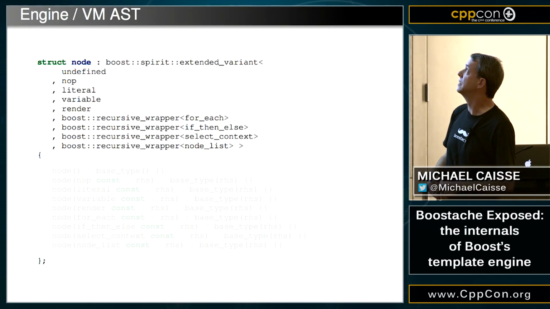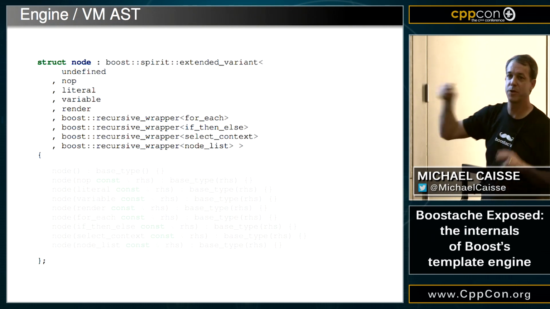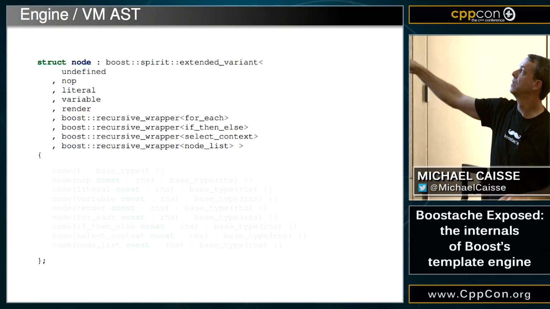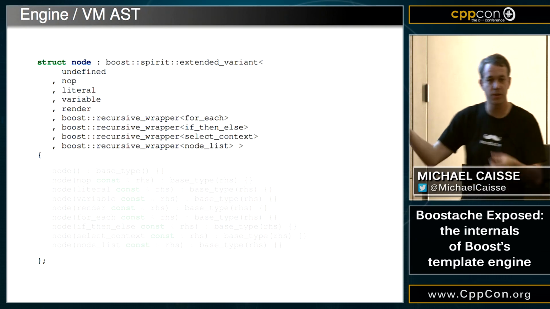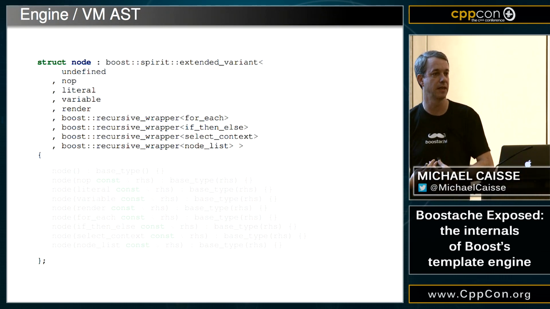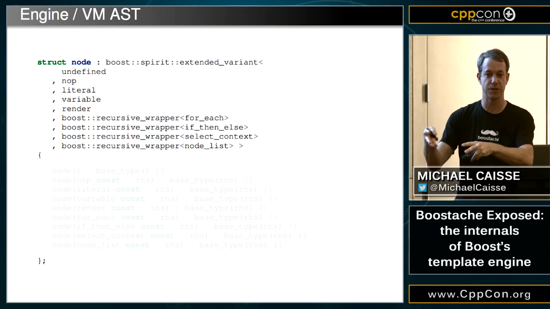So what's inside of the VM AST? What are we transforming into? Again, undefined. There's a no-op, literal, variable. There's a render, a for each, an if then else, a select context, and a node list. These are basically the intrinsics of the internal language. Everything that comes in from any other template type has to be transformed into one of those intrinsics.